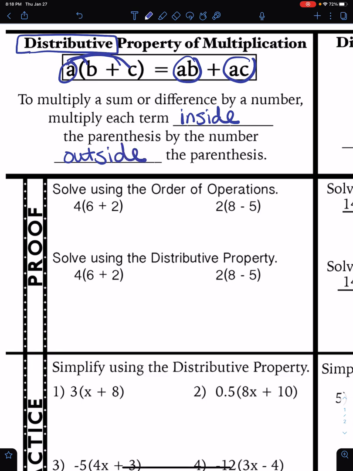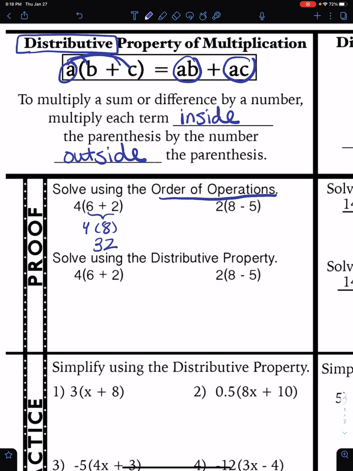All right, so let's first try solving these two examples using the order of operations, so not using the distributive property. The idea here is we're going to prove that the distributive property works. So if I were going to follow the order of operations, I would do parentheses first to get an 8 here, and then I would do 4 times 8 to get 32.